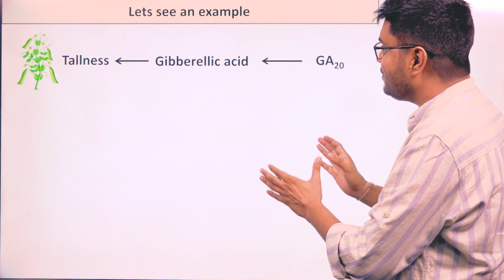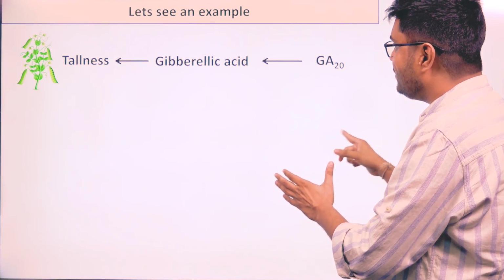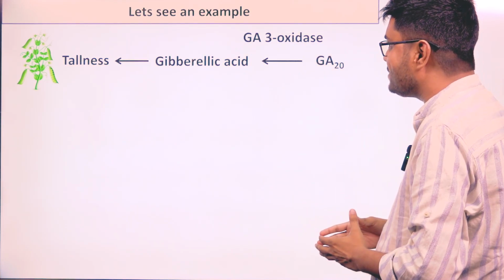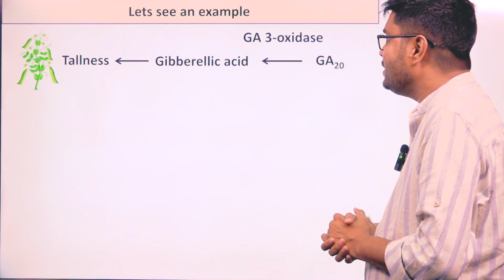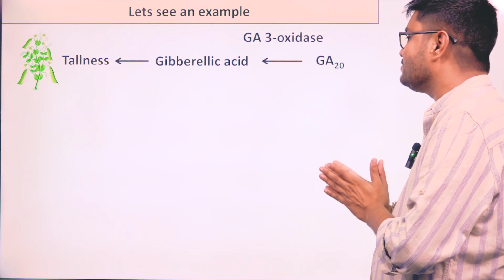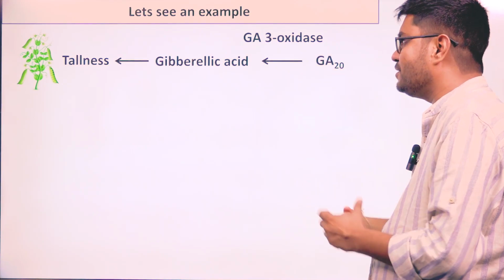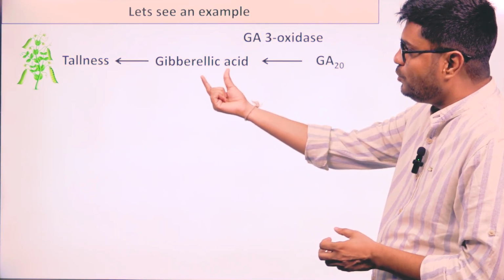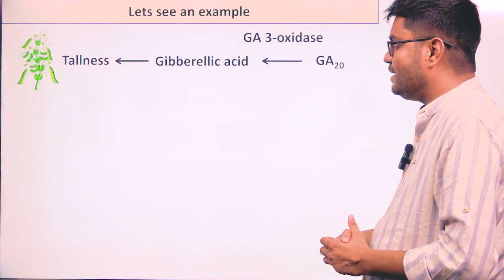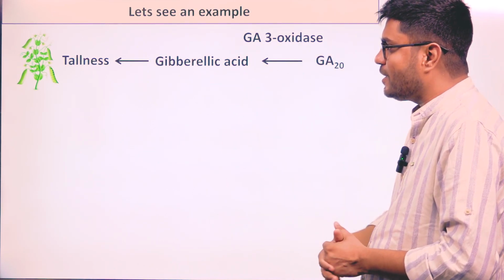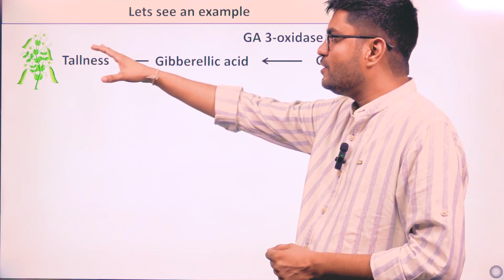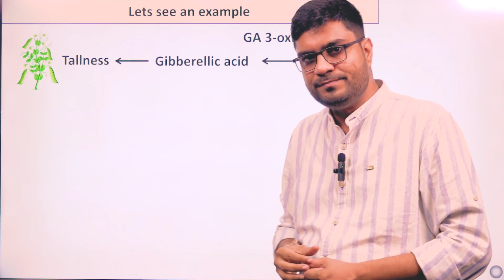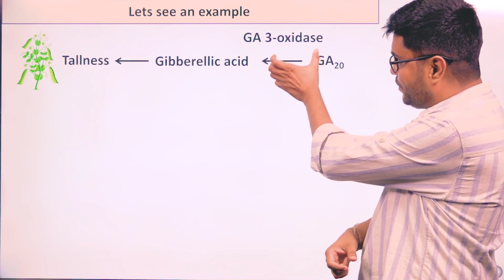So we are having a protein which is called gibberellic acid 3 oxidase or GA3 oxidase, which is catalyzing the conversion of this precursor to the final product, that is gibberellic acid, and then the final product is giving the tallness. So till now we were knowing the tallness as a phenotype, but we have found the protein.